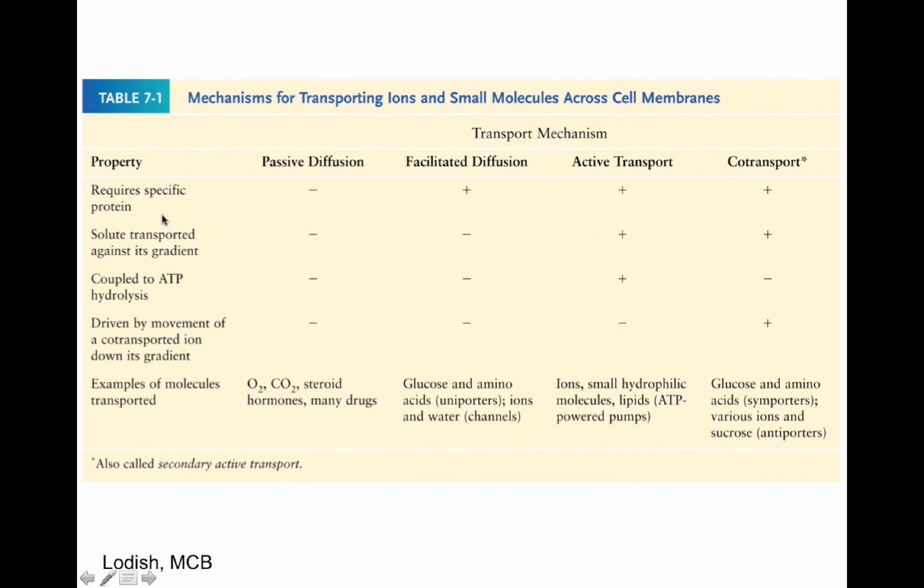So again, take a moment to look at this table so you can understand and be able to compare and contrast the different forms of movement across the membrane based on the properties of requiring a specific protein, solute transported against its gradient, the energy coupled to ATP hydrolysis, whether the movement is driven by co-transport of a different ion down its gradient, and then some examples of molecules that are being transported.